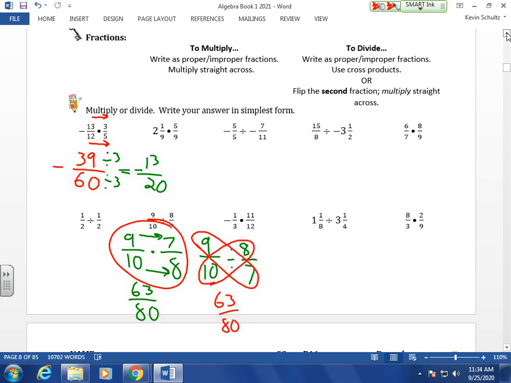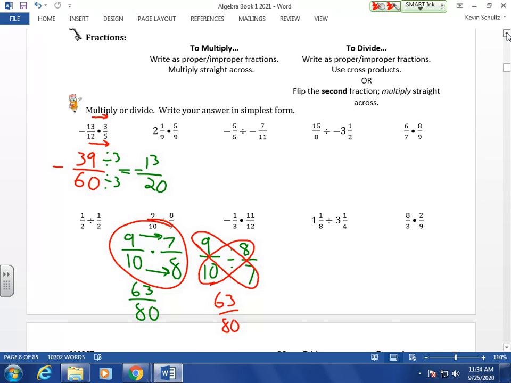Lucas. With a question like negative 5/5 divided by negative 7/11. Sure. Do we wait until we flip 7/11 until we put the negative sign onto the top one, or do we put it on the 7 then flip? Well, quite honestly, if I'm looking at negative 5/5 divided by negative 7/11, what do I know my quotient's going to be?